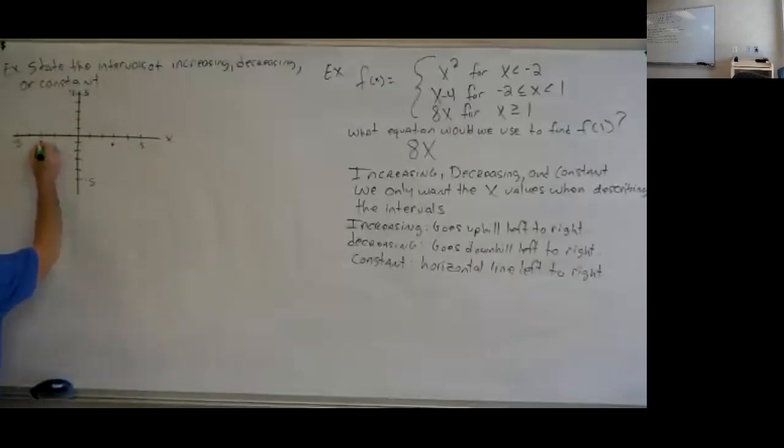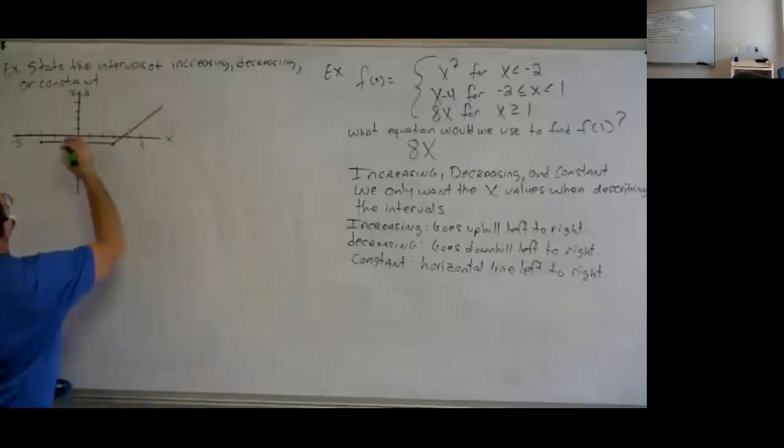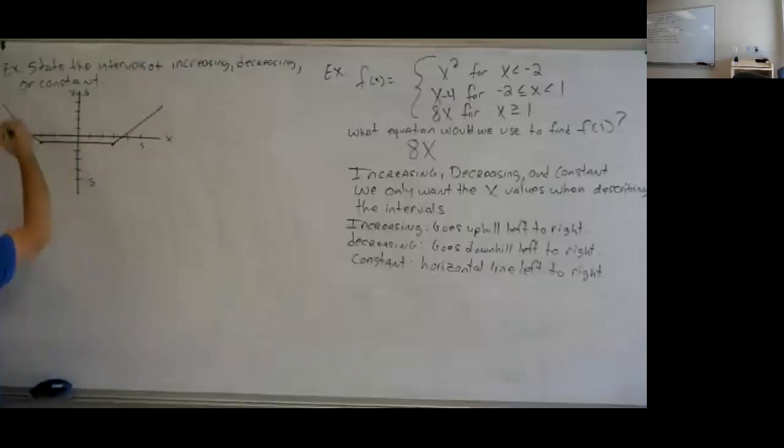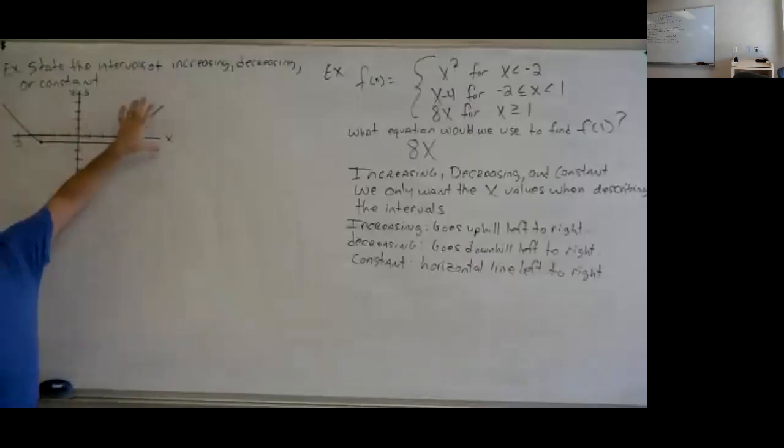So this graph goes straight across from that -3 to 3. And then right here, it goes uphill, and right here comes in from the downhill, right? So I've got a decreasing, a constant, and an increasing section on this, okay?